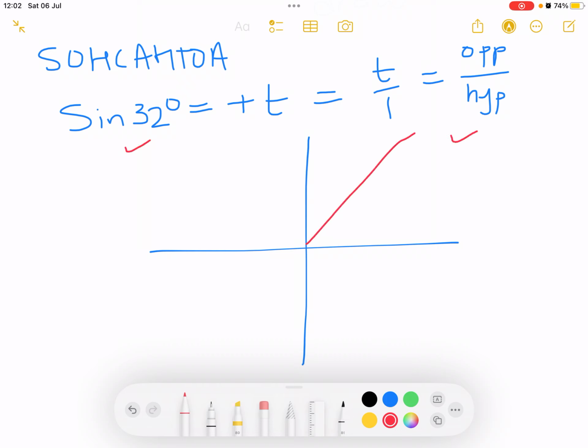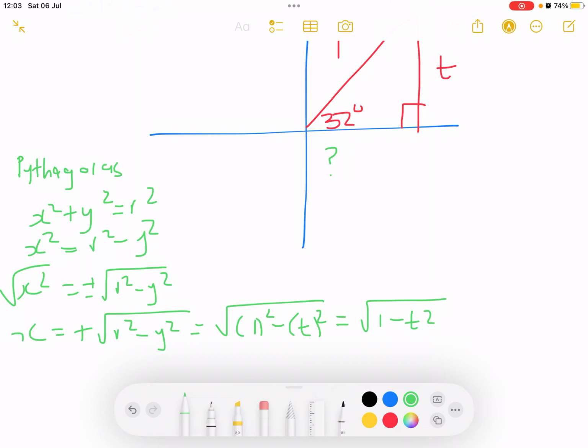Then, since we see that it's on the positive x-axis, if we apply the square root, we're going to have a plus or a minus root of r squared minus y squared, but x will be equal to a positive root of r squared minus y squared, which is the same as the square root of 1 squared minus t squared, and therefore x becomes the square root of 1 minus t squared.